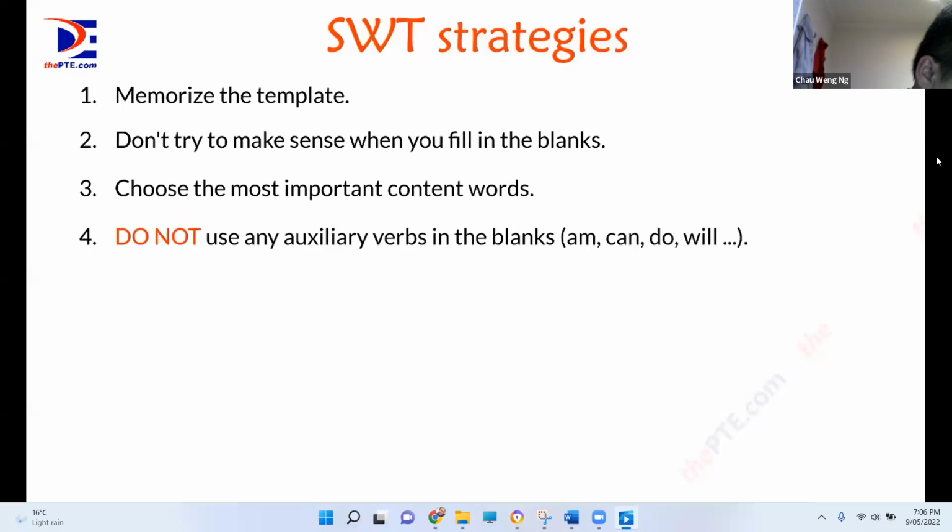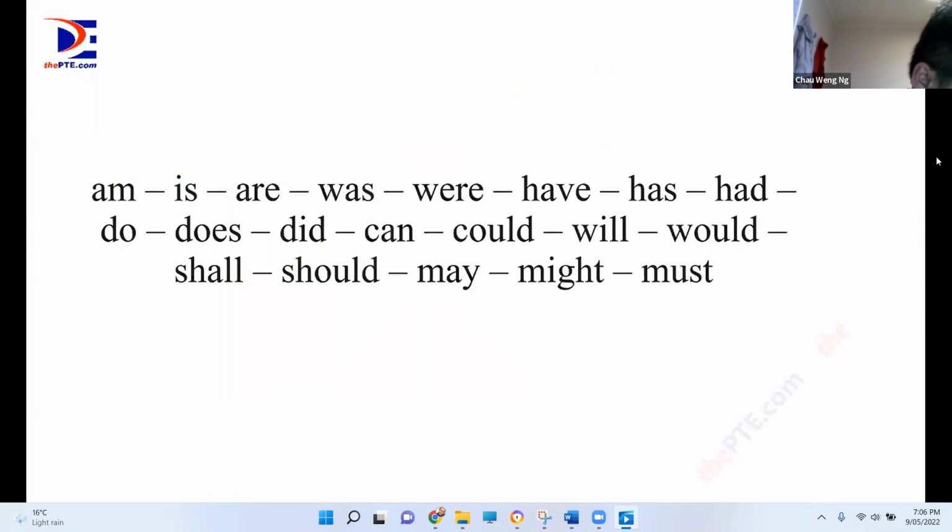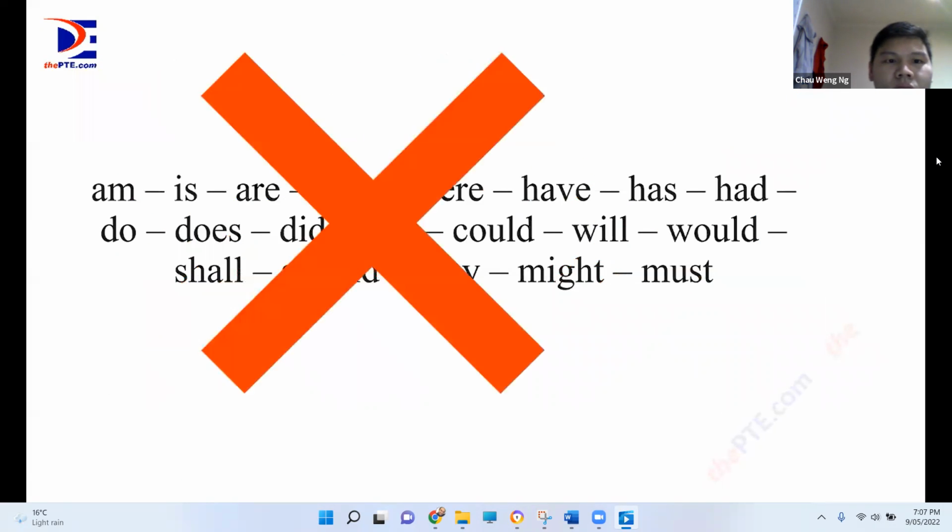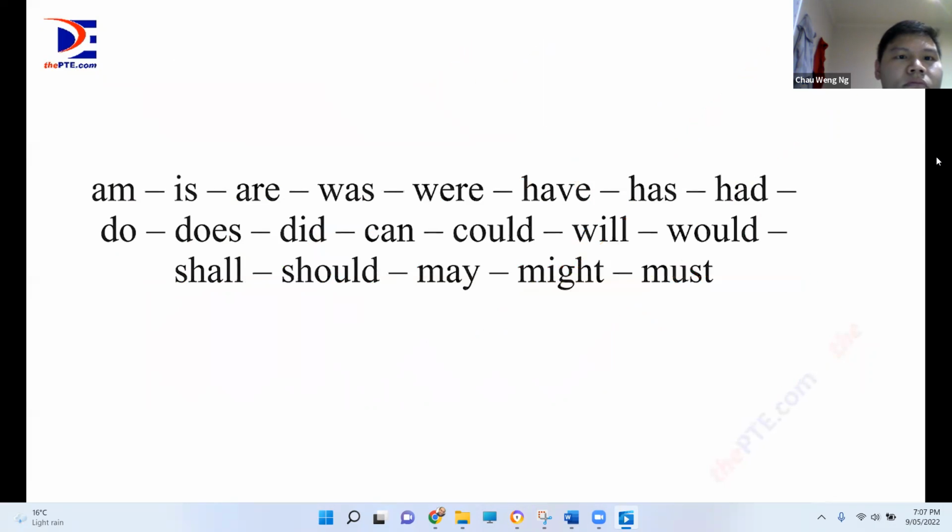Number 4. Do not use any auxiliary verbs or helping verbs in the blanks. Auxiliary verbs such as am, is, are, and the rest, as you can see here in this list. The reason is that once you throw in a helping verb or an auxiliary verb, it messes with the grammar of the template.